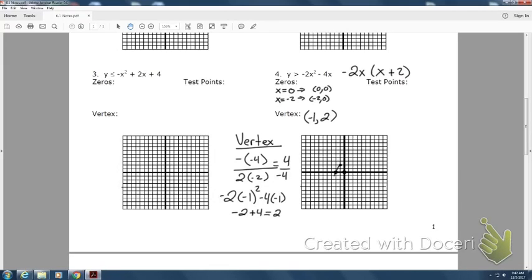Whenever you graph this one, make sure that it is not a solid line.